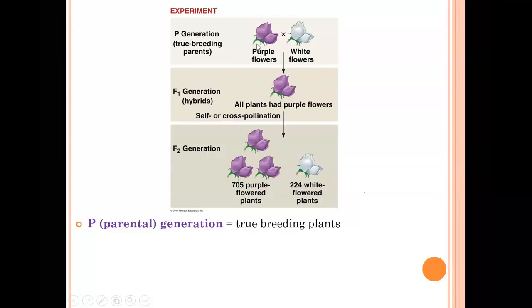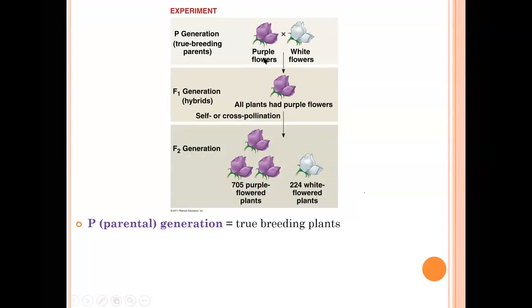So two genes for each trait, one from what's considered the maternal, one that's considered paternal, and that one only has purple, okay? The white flowers are pure white, only came from all white ancestor flowers, okay? So the P generation, the parental generation, are considered true breeding, purebred. They don't carry any other trait but the one that they're showing.